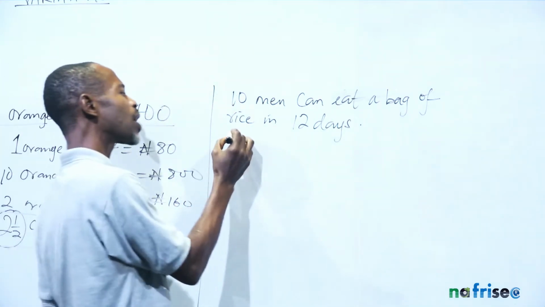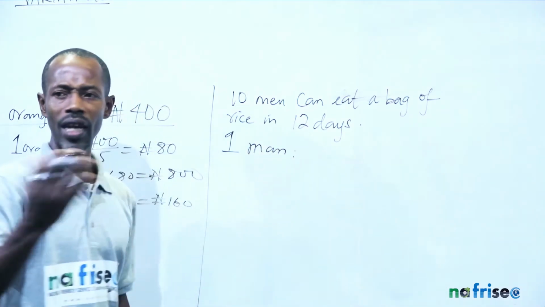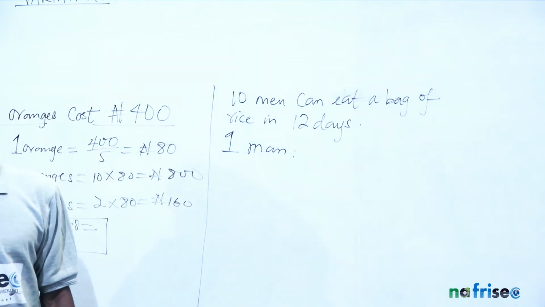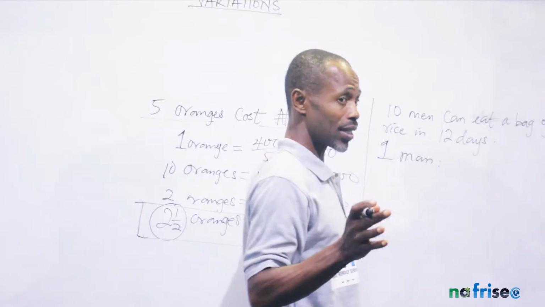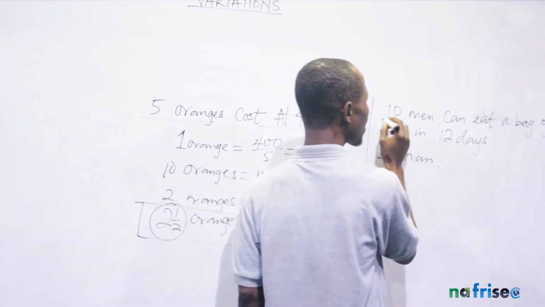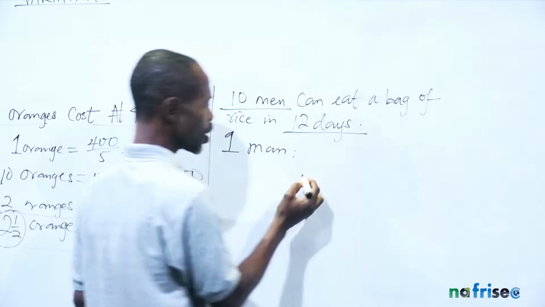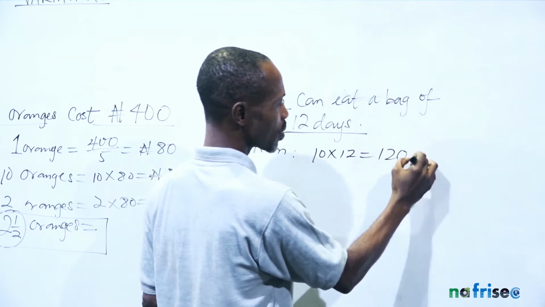So how long will it take one man to eat that bag of rice? Is it going to be lesser or higher? Naturally, it should be higher. What 10 men will eat in 12 days, I can tell you that one man will eat it in 10 times 12 days, which is about 120 days.